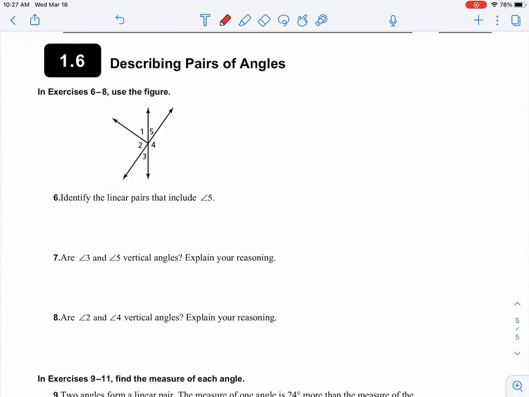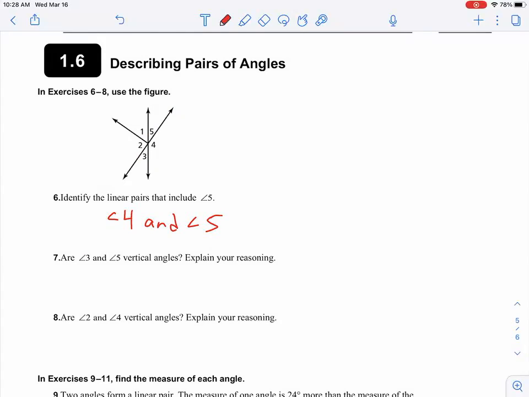So if we want to identify a linear pair, linear, remember, means it makes a line that includes angle 5. So that would be angle 4 and angle 5. Those two angles, 4 and 5, make up that vertical line, so they make up a linear pair. Wouldn't 5 and 2 also work?